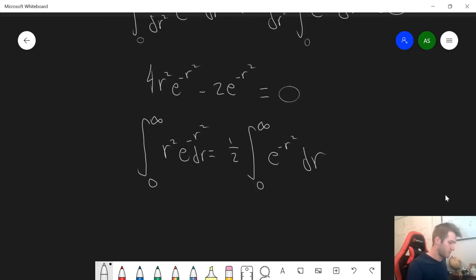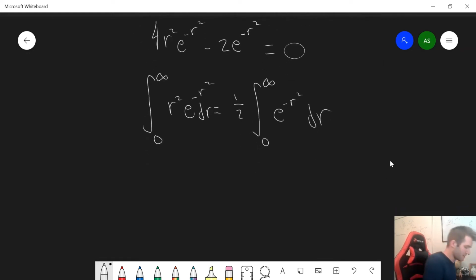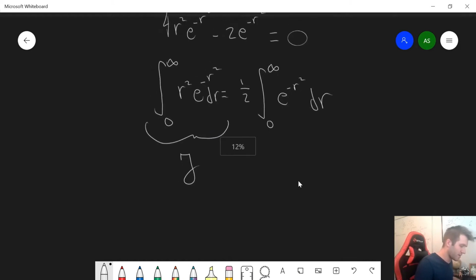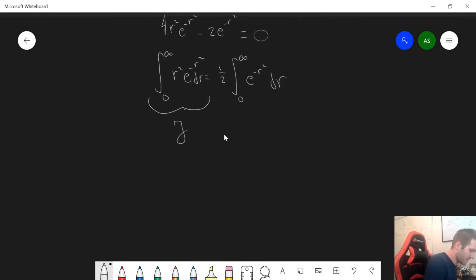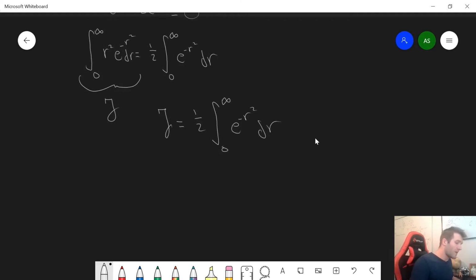Okay, so what is this? We have just defined this previously as J. So if that's J, then what we have is J is equal to 1/2 of the integral from 0 to infinity of e raised to the negative r squared dr. Now, what we can do is adjust the boundary limits of this integral with a neat little trick.